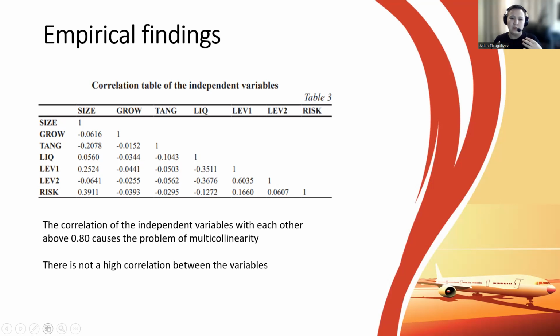If they are highly correlated, then if we use them to explain our dependent variable, the results will be highly biased. And there is actually no problem: no number above 0.8. There is no high correlation between the variables.